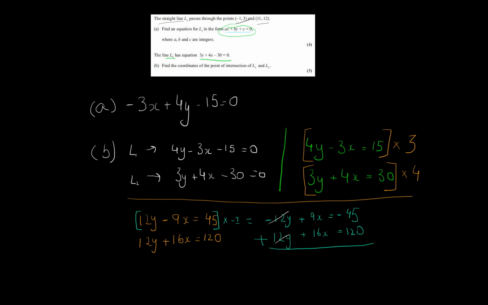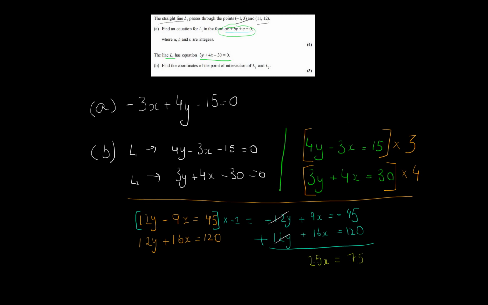And then I can just add the x values together and the right-hand side values together to give me an equation in x. I'll just change the color again. So here, 9 plus 16 is 25. So 25x equals 120 minus 45, and that gives us 75.